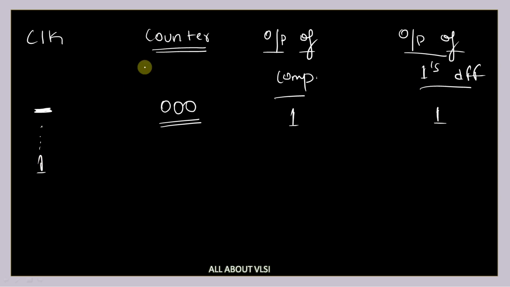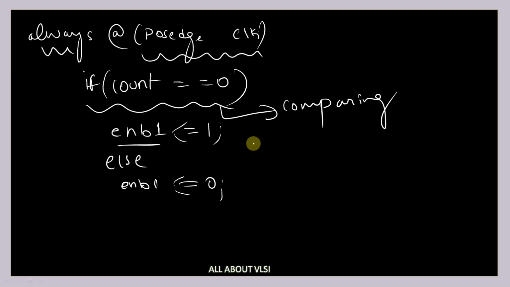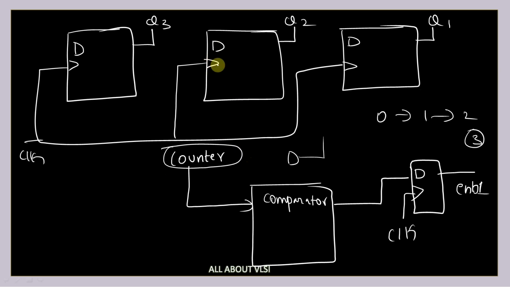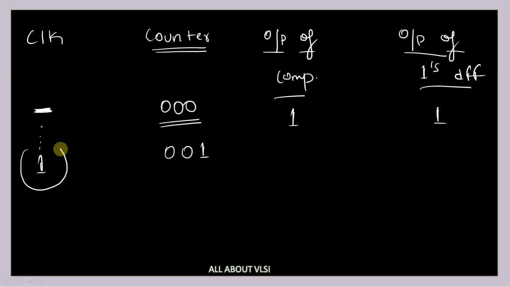At the first clock edge, your counter value will become 001. Now this counter value at the first passage of clock will be updated, but previously we have 1 present here before we apply this first passage of clock.